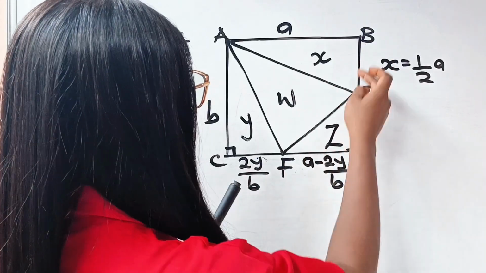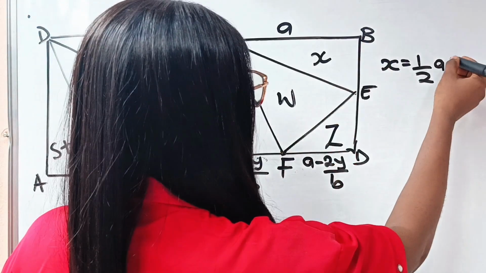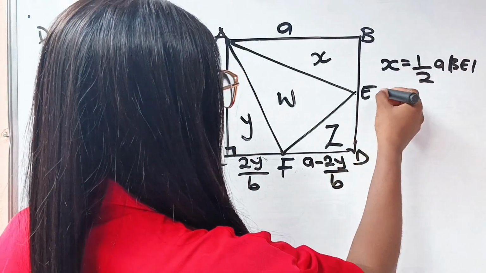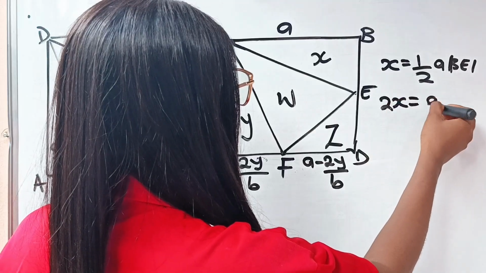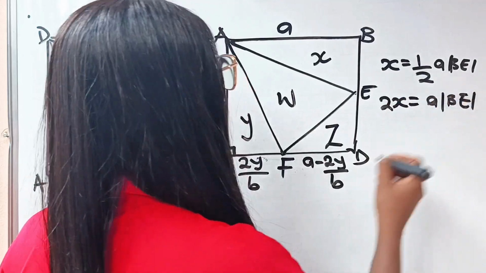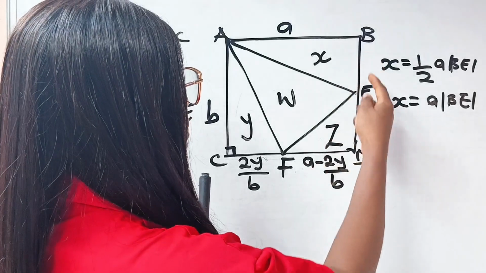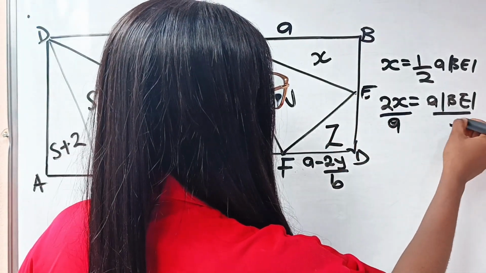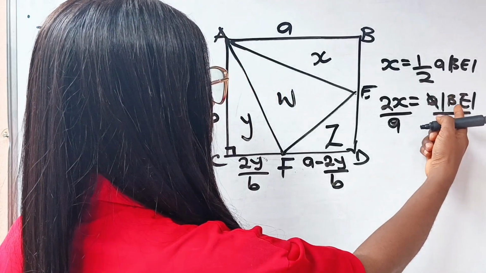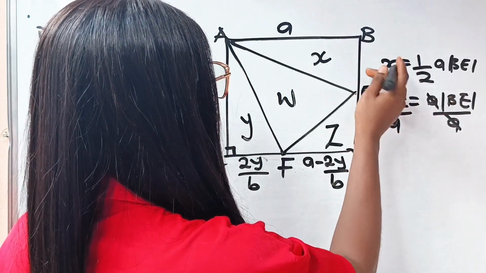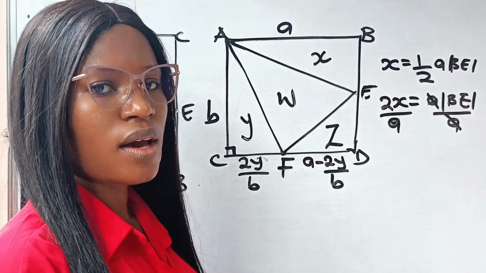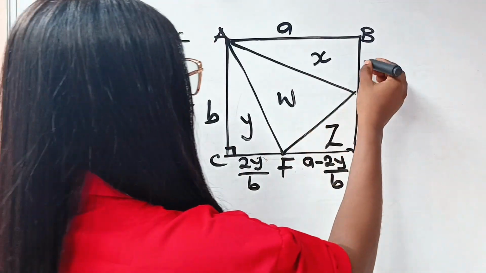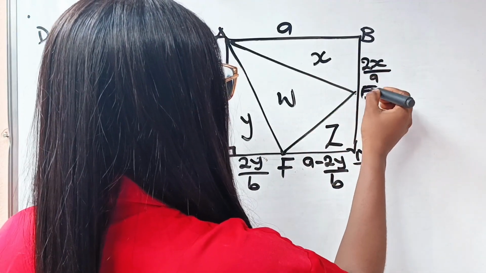So if we cross multiply, we have 2x is equal to A multiplied by BE. If we want to get the distance between B and E, we divide both sides by A. That will give us that BE is 2x over A. So here we have from here to here as 2x over A. I'll clean this and write it because I don't have much space. So this is 2x divided by A.